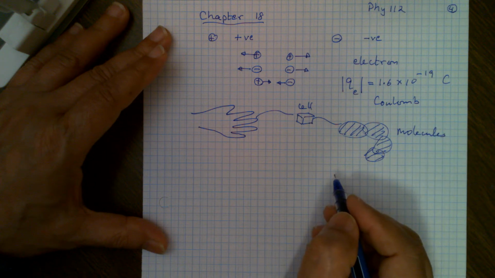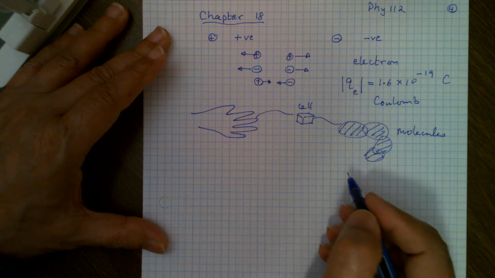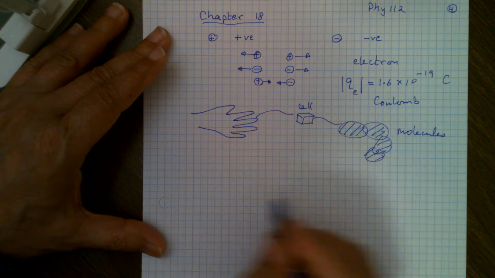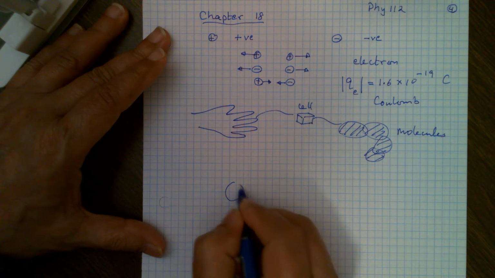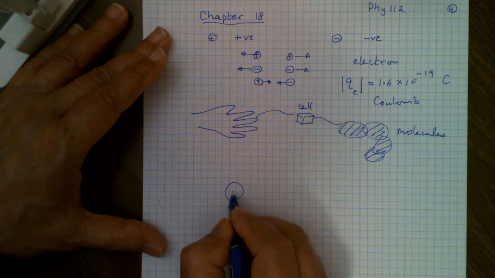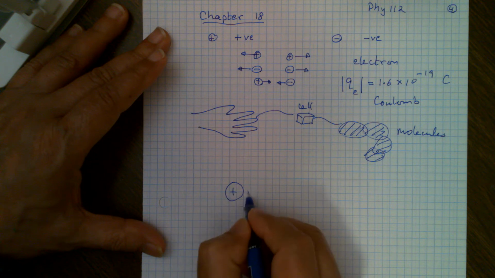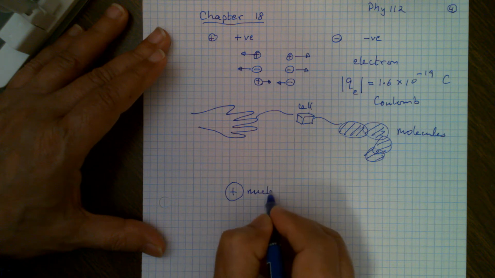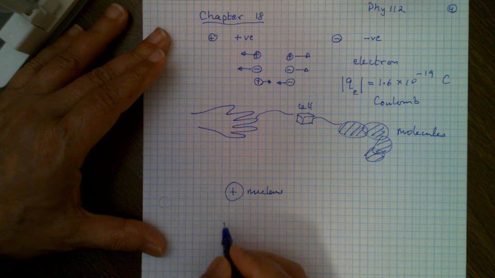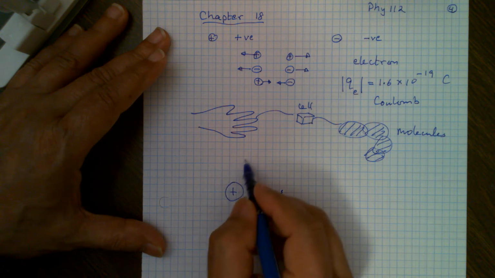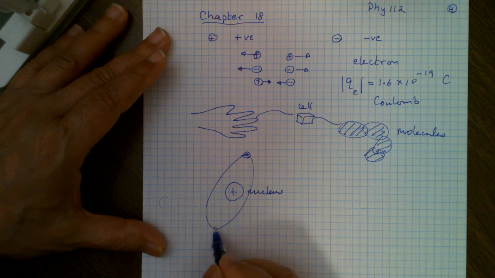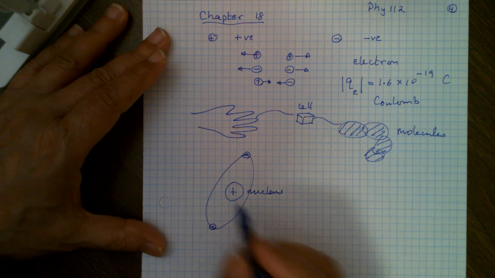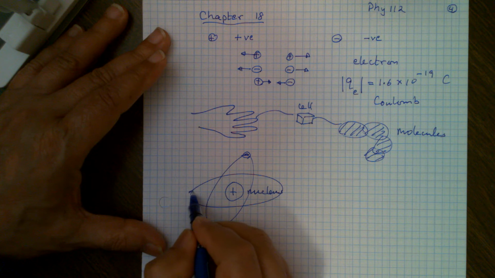And each molecule is made out of what we call atoms. And the atom has two basic parts. One is called the nucleus, which has positive charge, and it is in the center. And electrons are going around this nucleus in orbit. So these are negative electrons going around in some orbits.